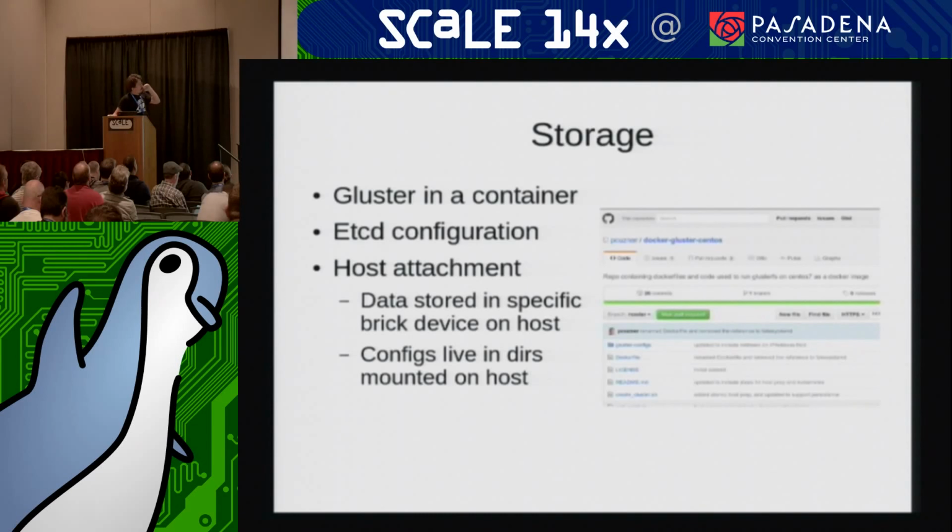The way this is set up is that each pod is attached to a specific host, and it mounts its configuration info from directories on the host, and it uses a specific brick device on the host to store the data.